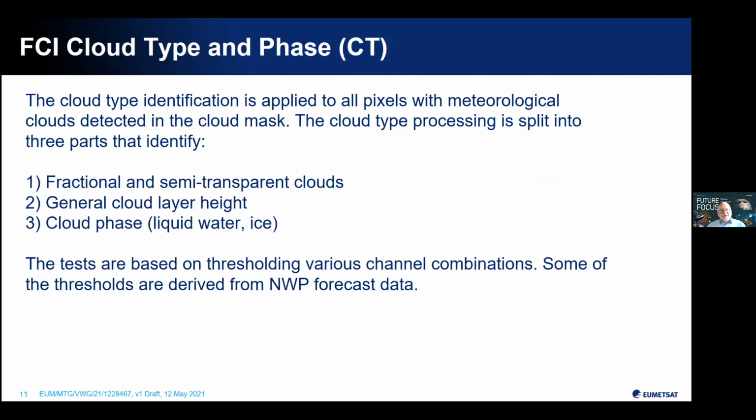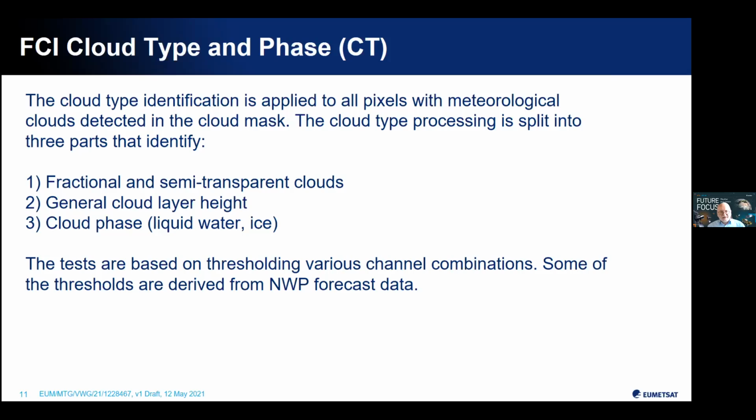Going to the next point, which is the cloud type and cloud phase, it's again applied to all pixels which have been detected as cloudy in the cloud mask, and the processing is split into 3 parts, which identify fractional and semi-transparent clouds, give a general cloud layer height, so low cloud, mid-level clouds, high-level clouds, and separate them into different classes.